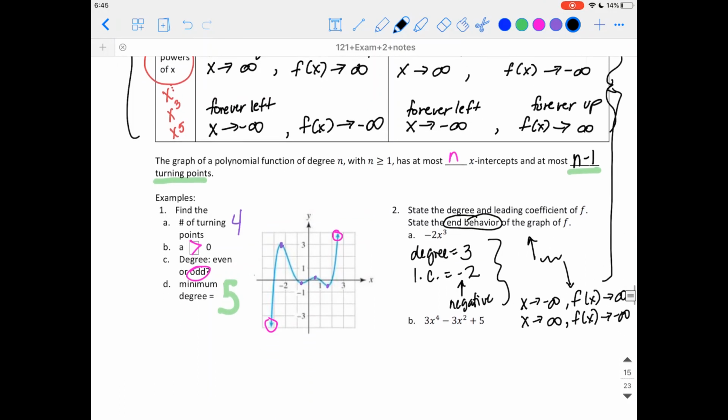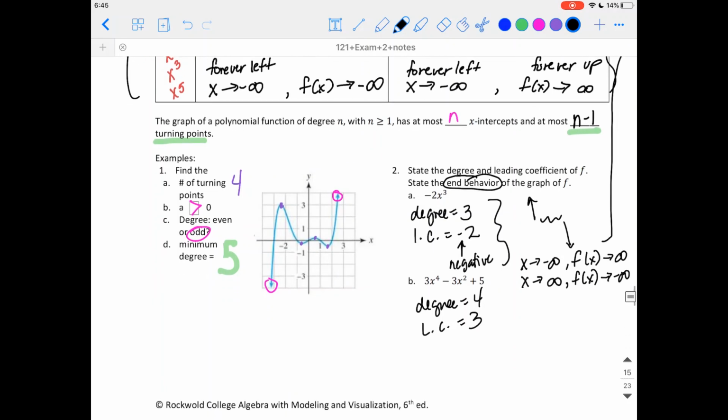And it does. So for B, my degree is 4. My leading coefficient is 3. So all even powers, and this is positive, my end behavior is going to be like this.